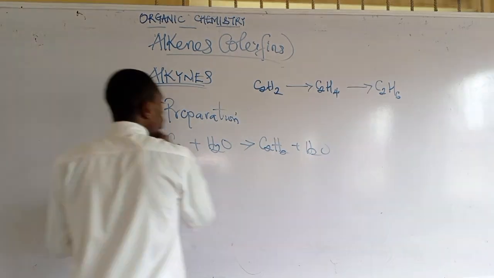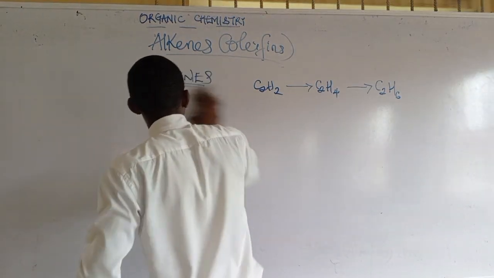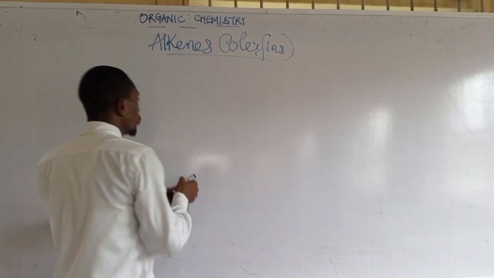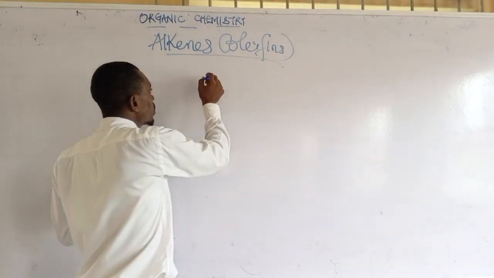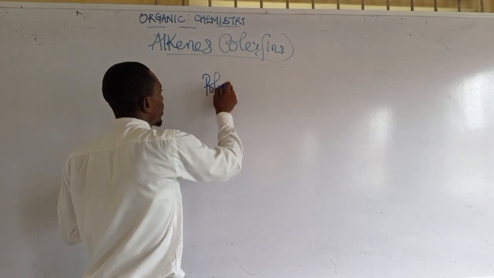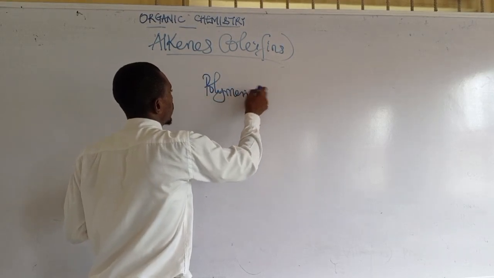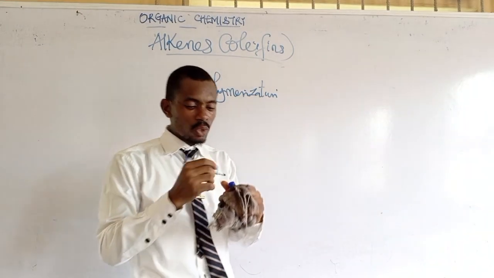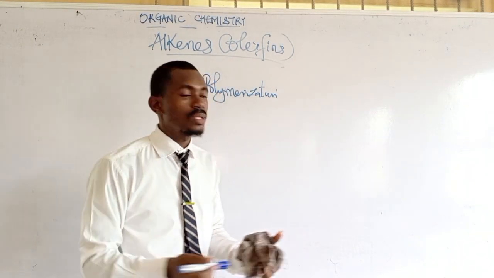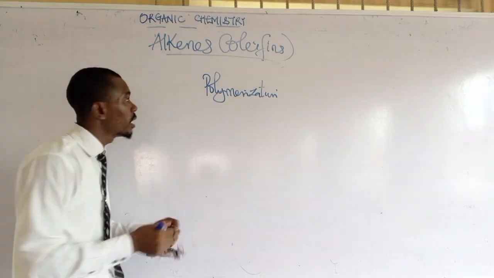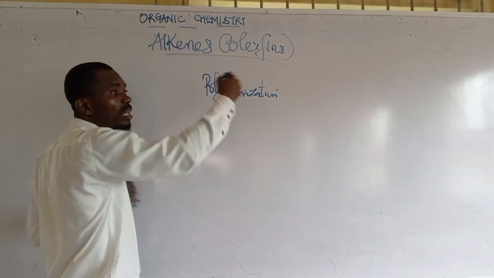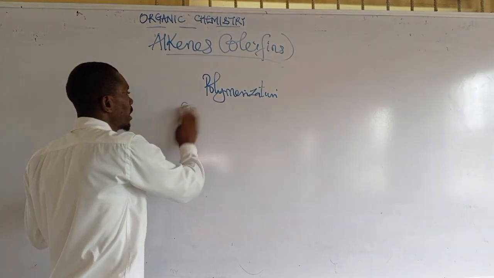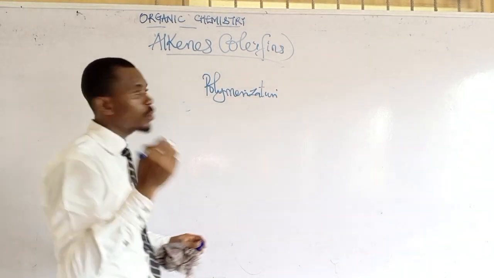Okay, so what are the uses, particularly for the alkenes? Now, there's a concept called polymerization reaction. It's a reaction whereby simple compounds add together to form a larger compound. They are called polymers. So alkenes could form polymers like polystyrene. Another important use is in agriculture.